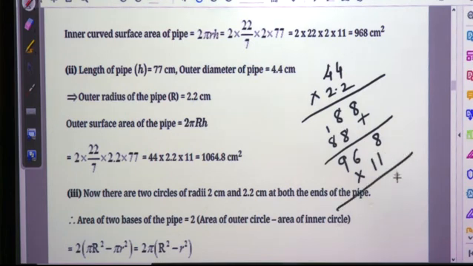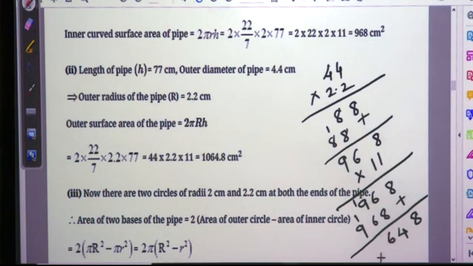Multiplied by 11, 968 as it is, leaving one space again, 968. This comes to 8 as it is, 8 plus 6 14, 9 plus 1 10, 10 plus 6 16, carry 1, 9 plus 1 10.